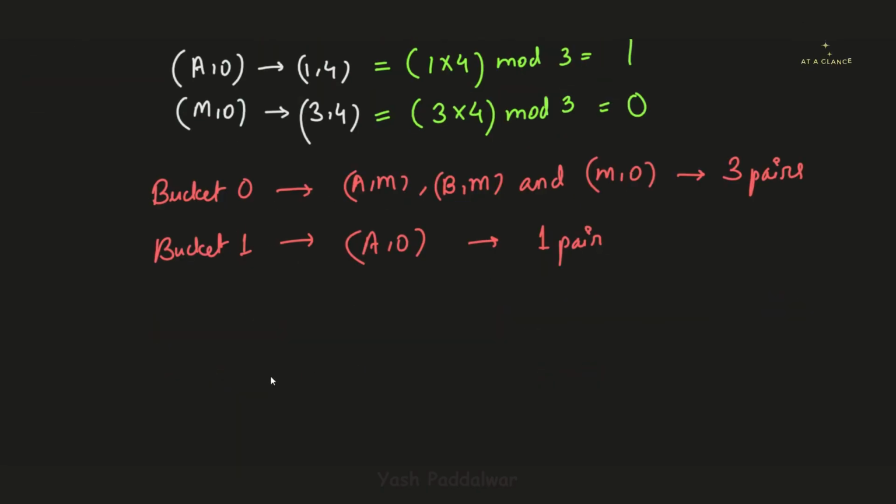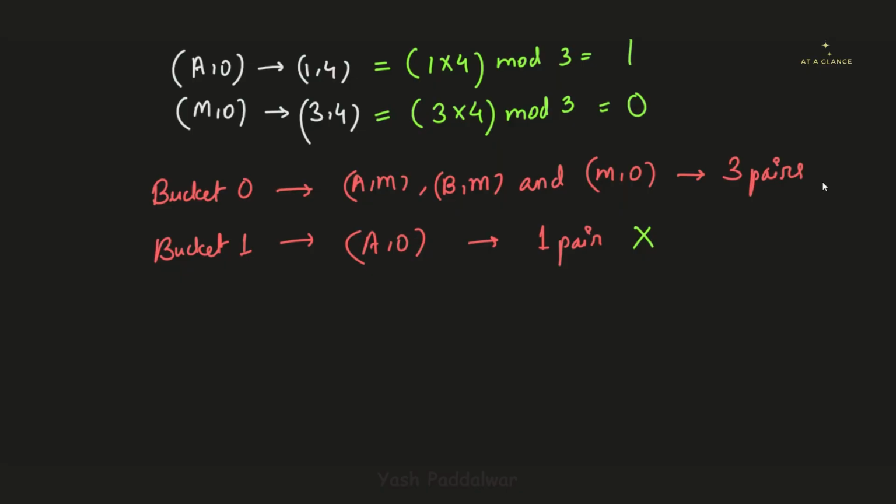Now you know that the minimum support criteria is 2, but here bucket 1 has only one single pair, which doesn't satisfy the minimum support criteria. That is why we'll exclude this particular bucket 1, and all the pairs that are present inside bucket 1 will be excluded. Now, bucket 0 has 3 pairs.